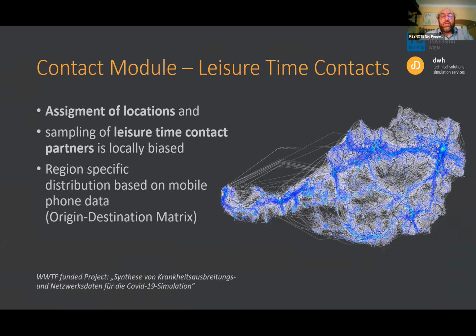So we get information from mobile phone providers where we have region-specific distribution based on the mobile phone data, where we have the origin and destination matrices. So you can see this in the picture here. We can have an analysis of where people are going, having their mobile phone with them. And this gives us a lot of information on this leisure time context. So it's only one example.